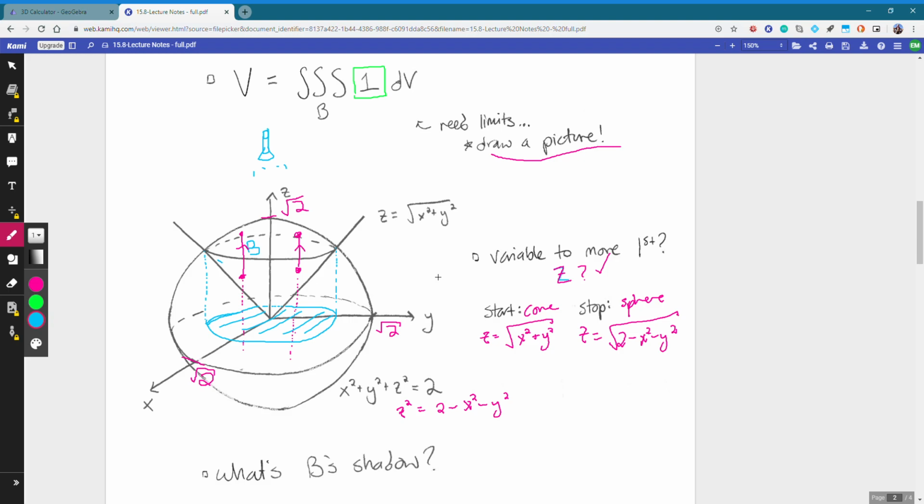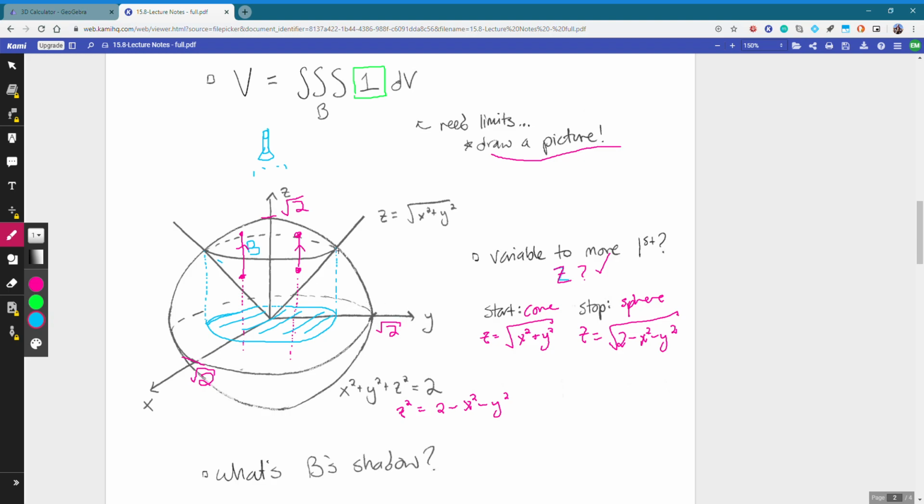And if you said root 2, we've got to be careful, because notice this blue disk doesn't stretch all the way out to the edge of the sphere, which would be a radius of root 2. It's something smaller than that. So we actually don't know right away what that radius is going to be. What we just know is visually it's got to be smaller than root 2.